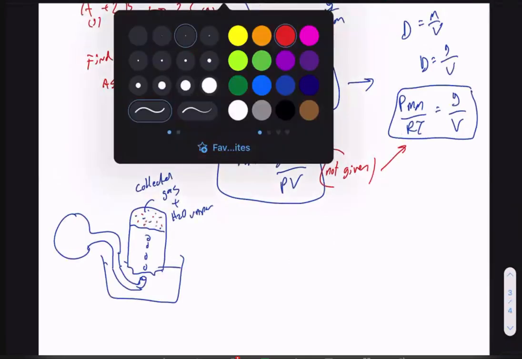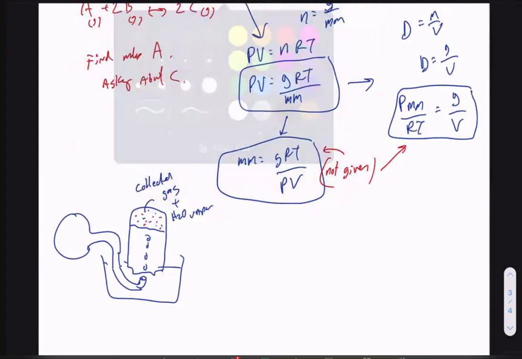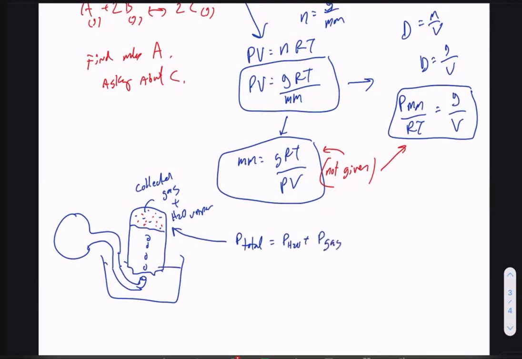So this is why we have to subtract if we want to get the pressure of the gas, which is ultimately the goal. This is what we really need, right? And this is given, and this is from a table, which means it's given.